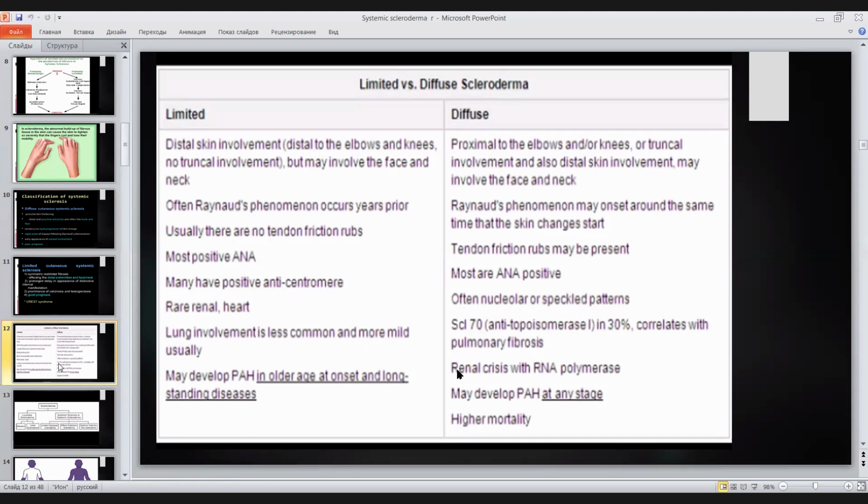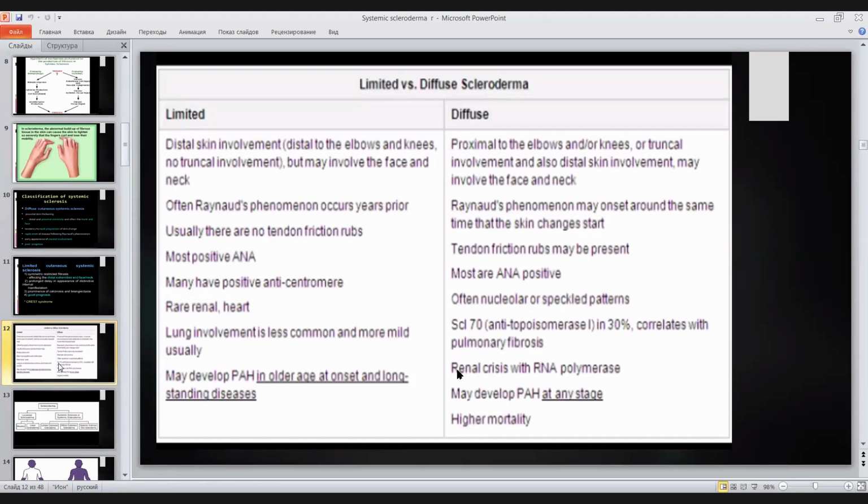You will check Raynaud's phenomenon. You will check antinuclear antibodies, which might be positive in both. Internal organ involvement will be rare for the limited form, rare renal, heart. Of course, for diffuse it will be more specific. Raynaud's phenomenon, do you remember I said Raynaud's phenomenon sometimes might be an individual syndrome for a long time, and it is more specific for the limited form.